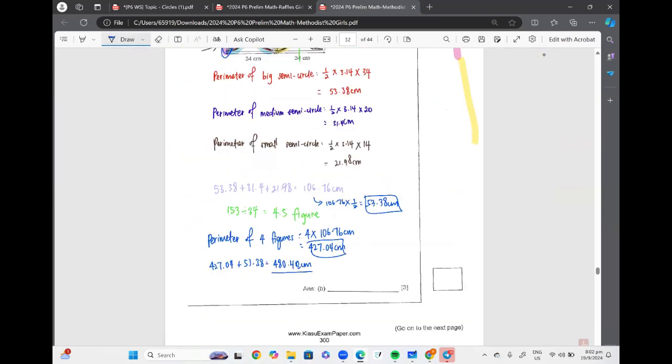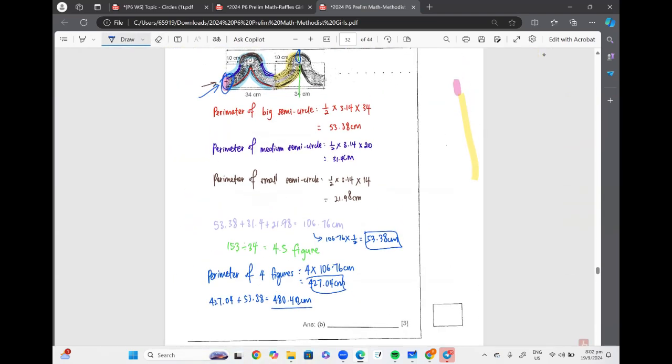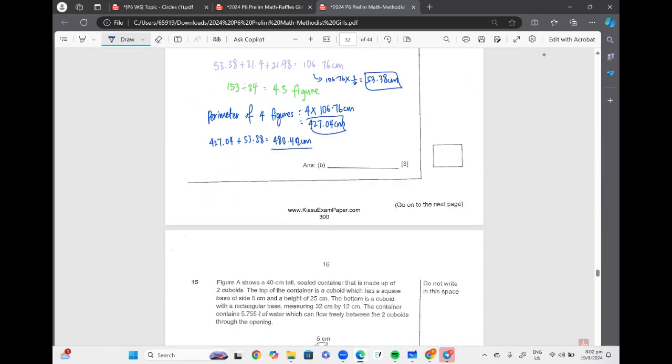Which is technically, this is 7 cm. This one over here is also 7 cm. So technically I just need to take 480.42 plus 14 cm, which I'll get 494.42 cm, and that's my answer to this question.